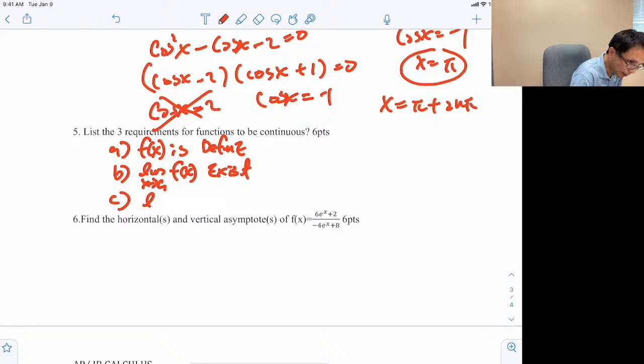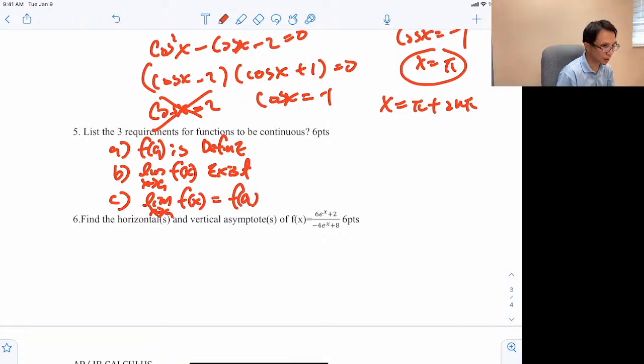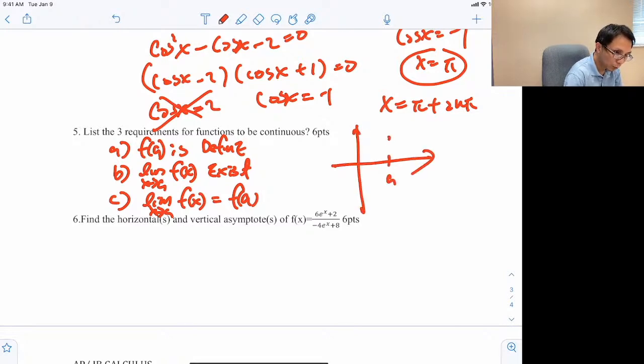And C, the limit as x approaches a of f of x must equal f of a. So pretty much C says the left side equals the right side. Let's think about that logistically. Let's say I have an a. Well, f of a must be defined as a solid dot. Does that make sense? Yep. And the limit as x approaches that point must exist.